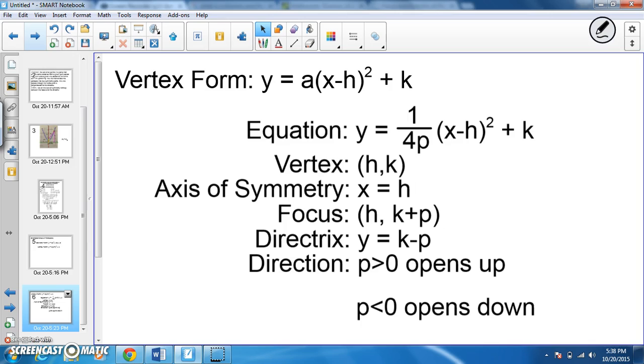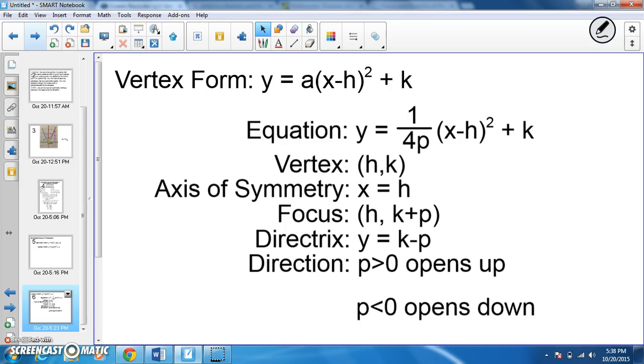The vertex form for the equation of this vertical parabola is telling us that we have a vertex of (h, k), and this table here is going to give us information about our parabola.